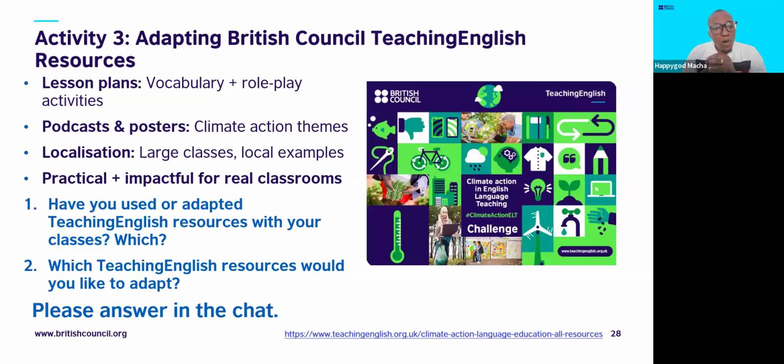You can also get podcasts and posters, climate actions, but the most important thing, you can localize these materials in larger classes and to your local experience. For example, this activity was for intermediate English language learners, but you can also contextualize it to advanced English language learners or even to elementary English language learners. But the resources are there for you to customize to your experience and in every way that you find fit to your class, based on the ages of the learners or the language command.